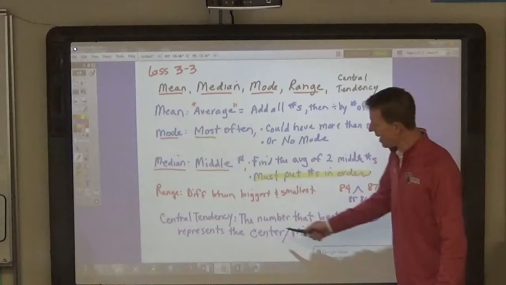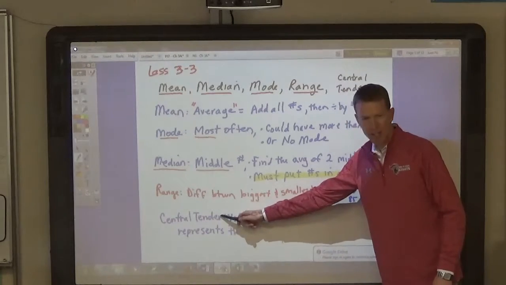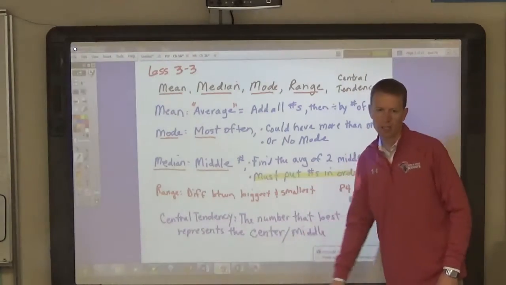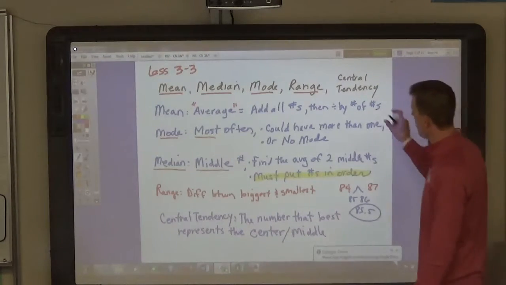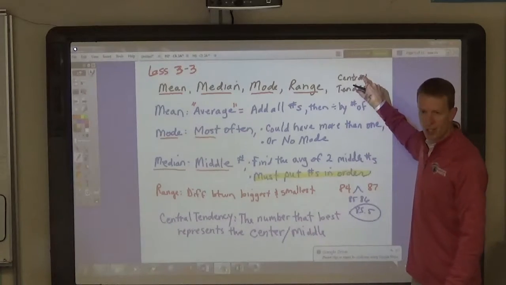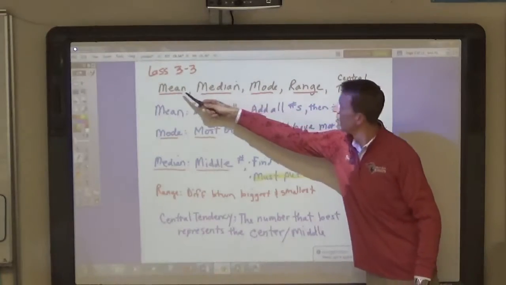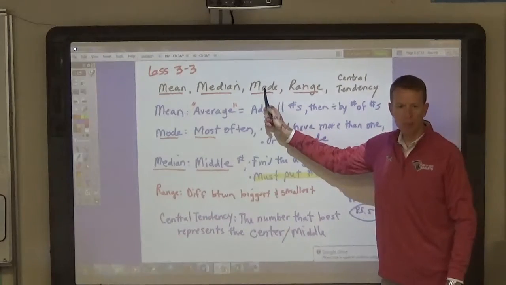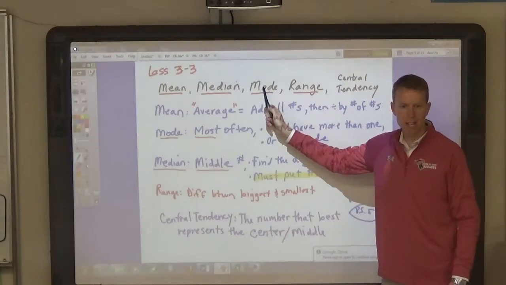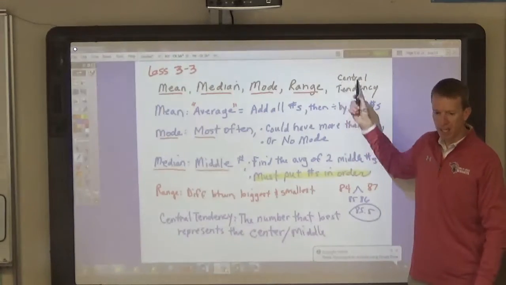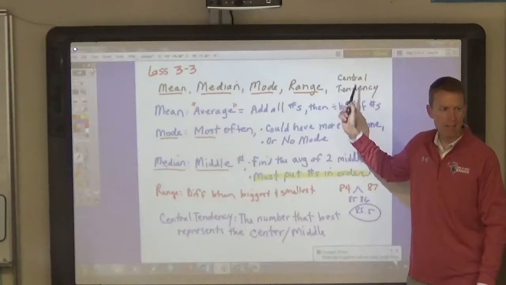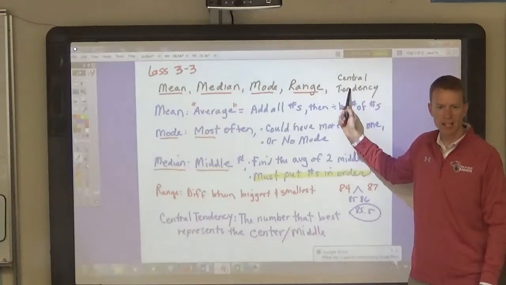So you subtract the smallest from the biggest and you get the range. And then the last concept, it might not be familiar to you, is called the central tendency. That term basically means a question: which of these 3 best represents the middle of the set? So it'll ask you, what is the central tendency? Or what is the best measure of the central tendency?